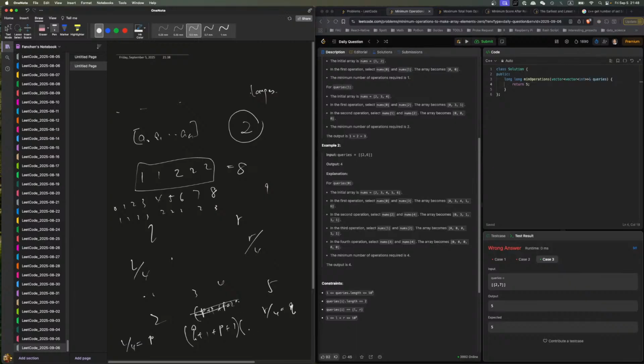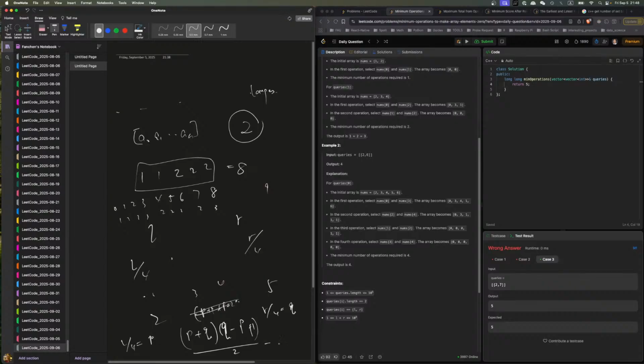How many? Hold on. Actually, no, that's not right. It's just going to be P plus Q, right? And then Q minus P minus 1 divided by 2. No, it's plus 1, right?